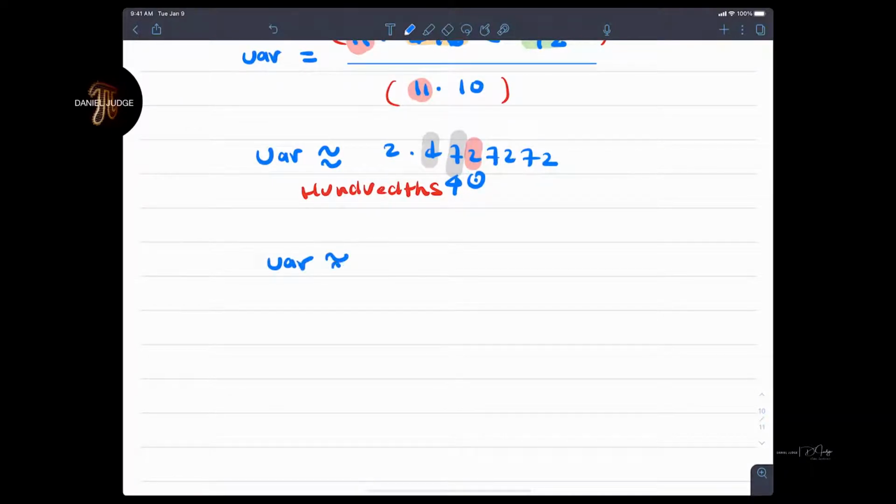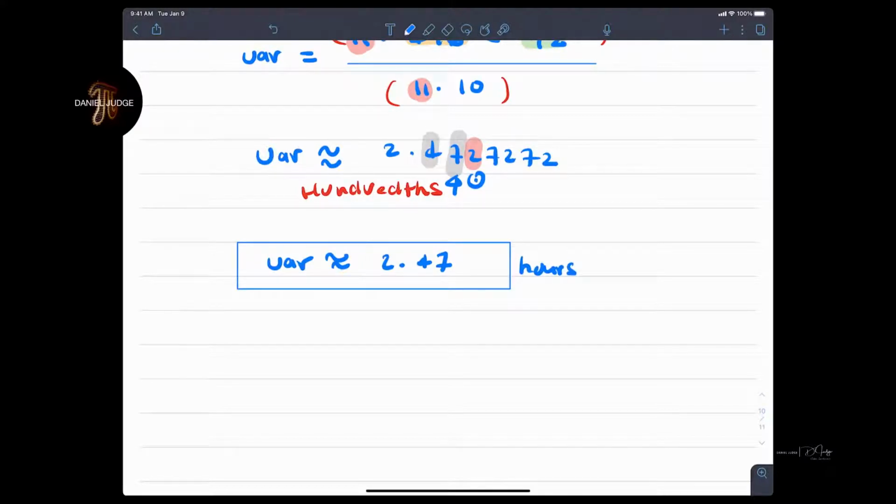That means we leave the 7 alone. Remember, if it's a 0, 1, 2, 3, or 4, we leave it alone. Our variance is going to be 2.47 hours. And I keep the units because that's what this represents, 2.47 hours. This is your variance.